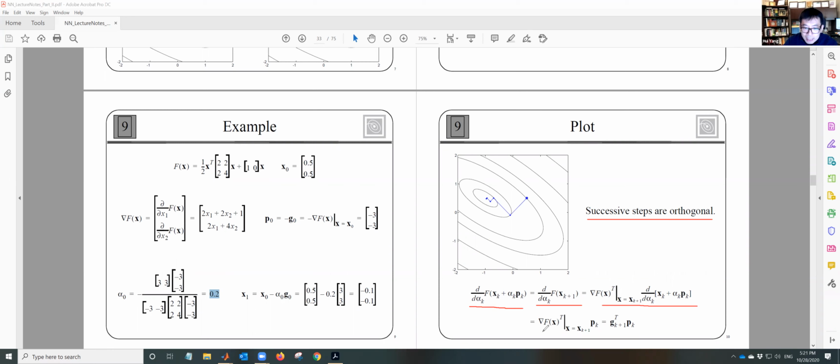And then this is your gradient direction at xk plus 1, okay? And this is the gradient direction at pk, at xk. And then successive steps, they are orthogonal to each other because you are setting this equals to 0.